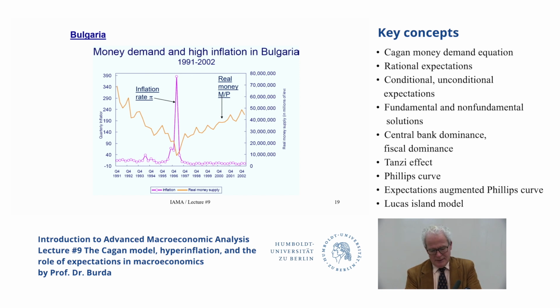But most importantly, the spike of the price level occurred very quickly, and then the Bulgarian government reformed the central bank and reformed monetary policy. They actually went on a sort of currency board with the Deutsche Mark at the time, which meant that if you had leva, you could go to the central bank and get Deutsche Marks at a fixed exchange rate.